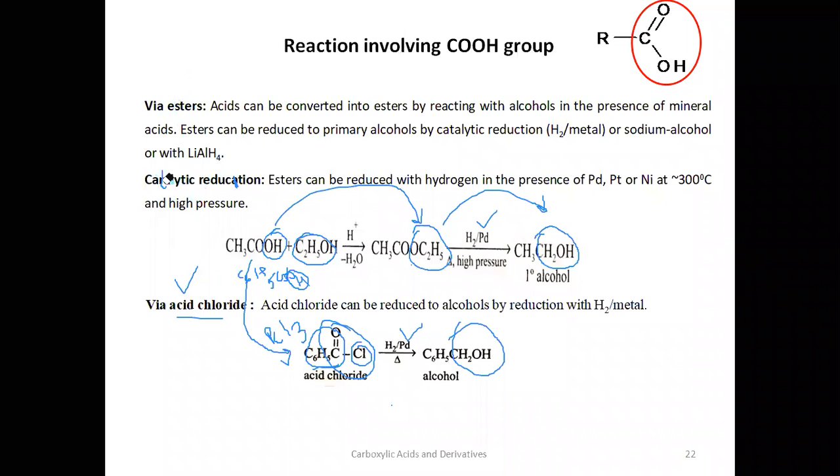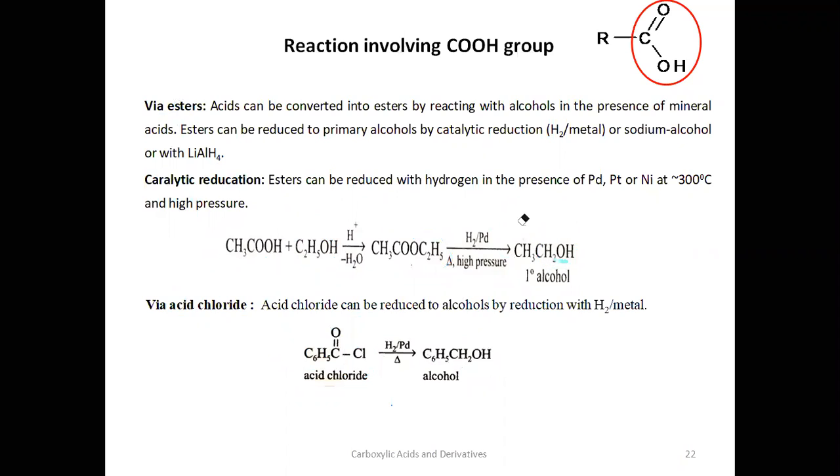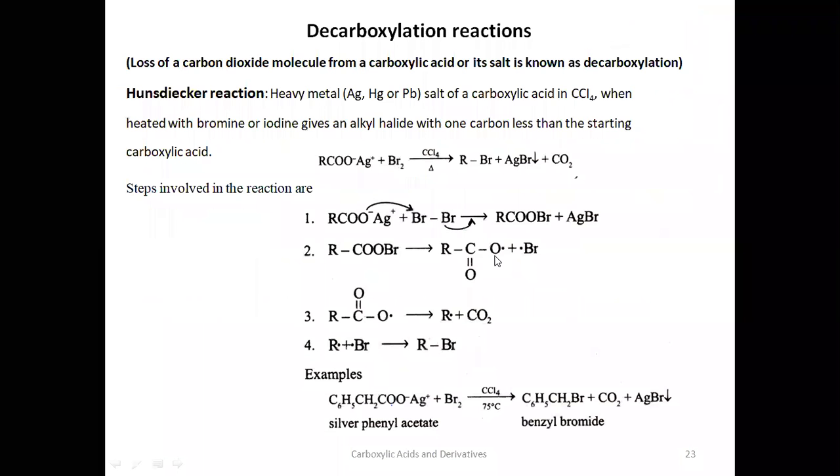In this way we can synthesize primary alcohol using this reaction. So with this we have studied the reactions involving hydrogen, reactions involving OH, and also reactions involving the whole COOH group. Let us study a few other reactions like decarboxylation.